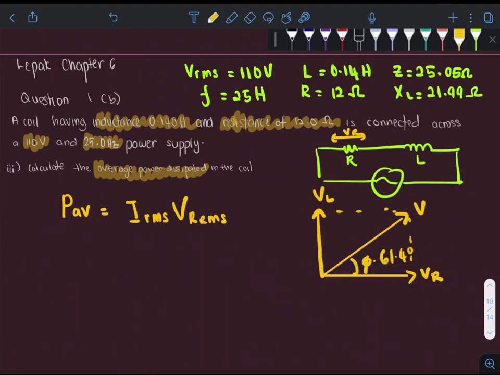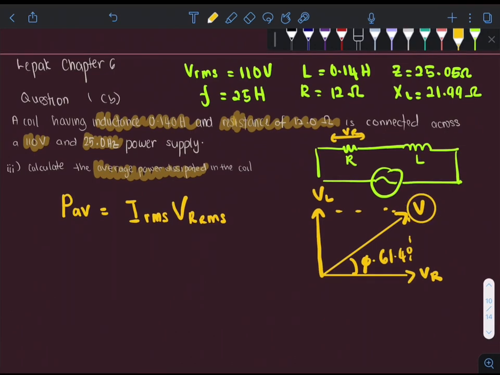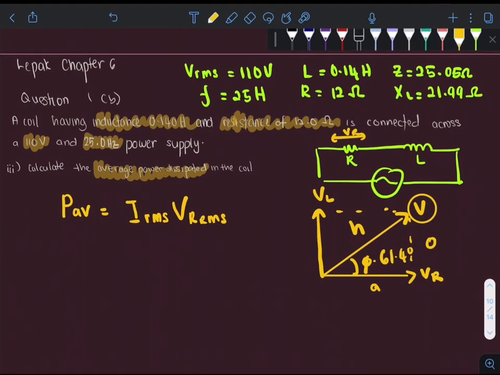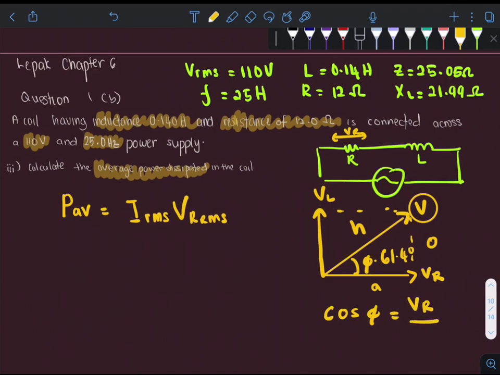As you can see, we know the value of V RMS, V total, we know the phase angle, and to find the VR here, we have opposite, adjacent and hypotenuse. So involving the x component and also the resultant, we will have cos phi equals adjacent over hypotenuse, which is the V total.